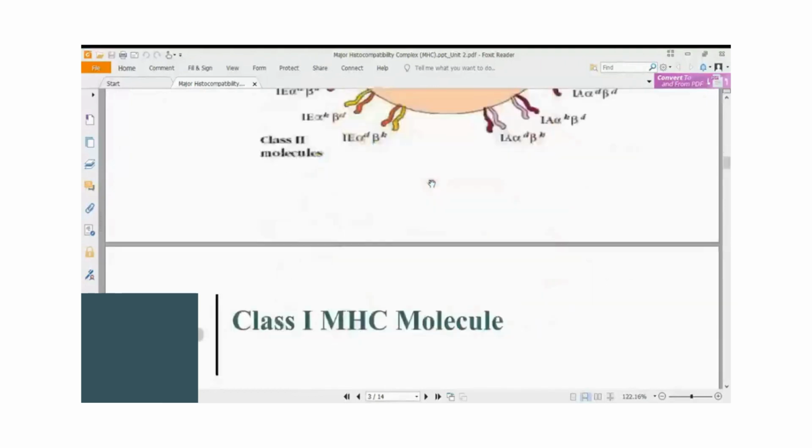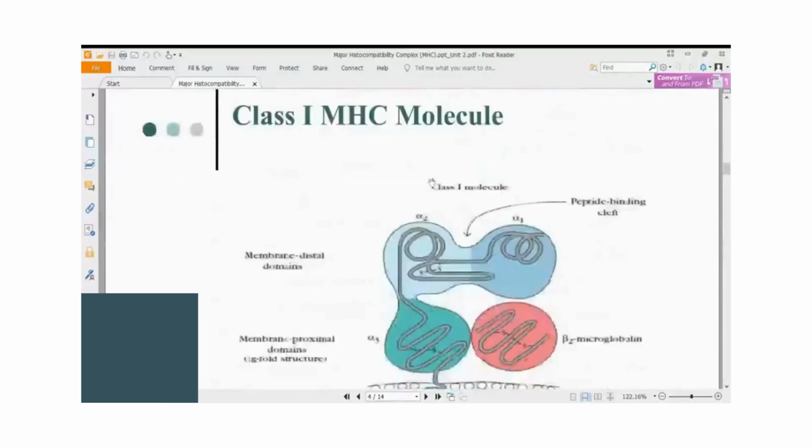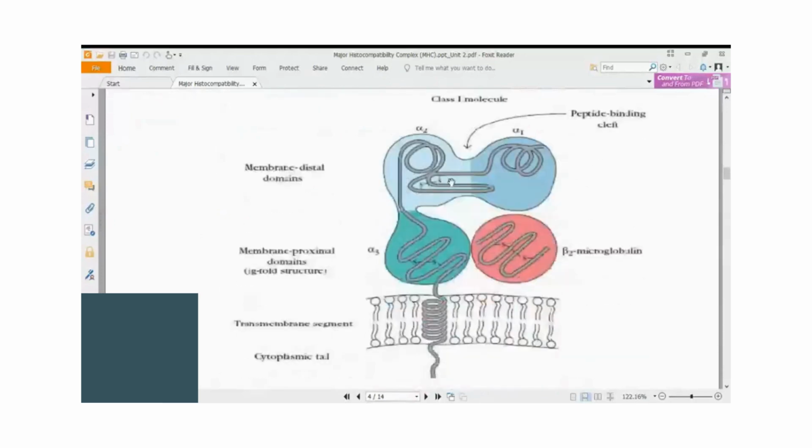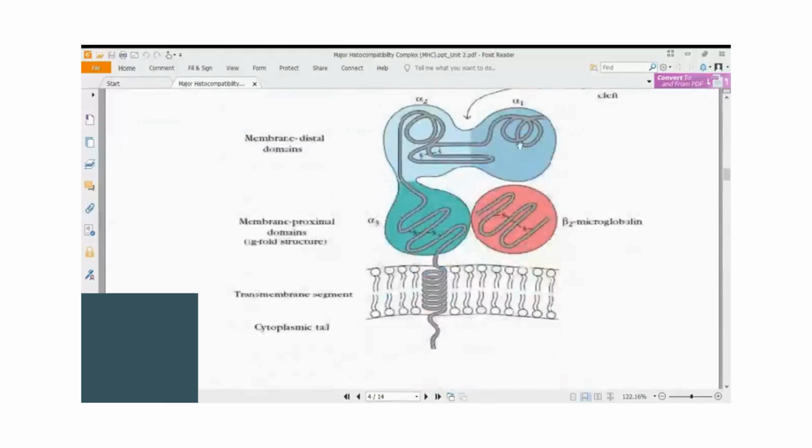Now let us see the characteristic features of class 1 MHC. The class 1 MHC molecule is a glycoprotein made up of an alpha chain, and it is in fact present as a self antigen on all nucleated cells.